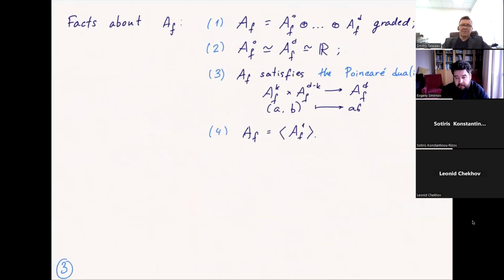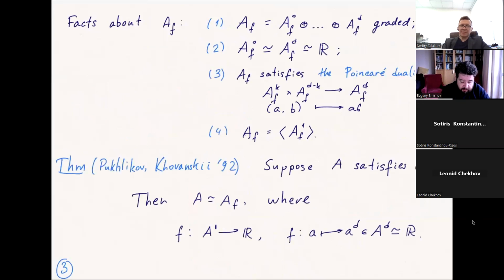Okay, so I'll transfer this to the next slide and formulate a theorem. The origin of this theorem is kind of obscure, because I think people usually refer to Pukhlikov and Khovanskii, but in their papers it is somehow written between the lines.